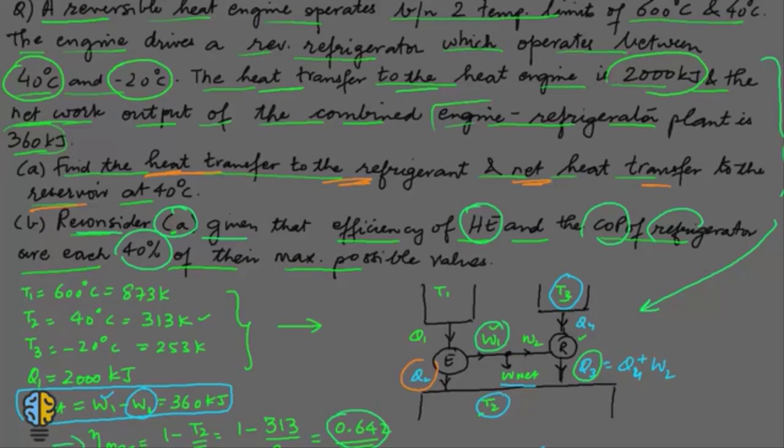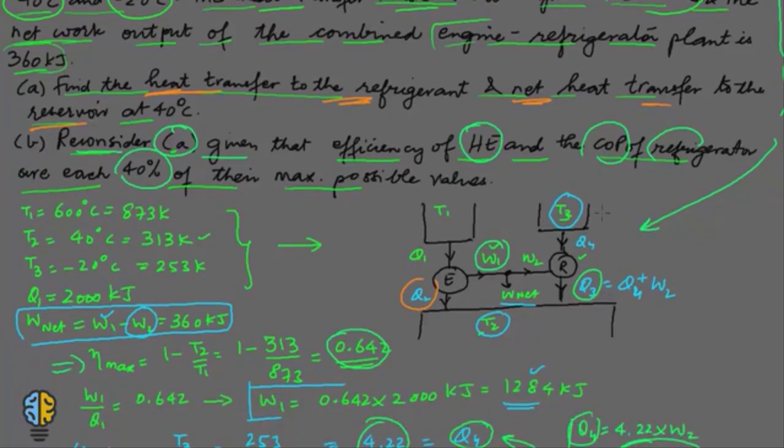So the first point: read the question, try and make a diagram. If a diagram is there, write down the given values and then proceed as your concepts are taught. Now, this was question number 1. I hope you understood this question. Now let's move on to question number 2.